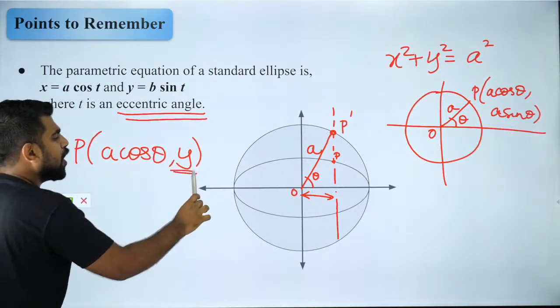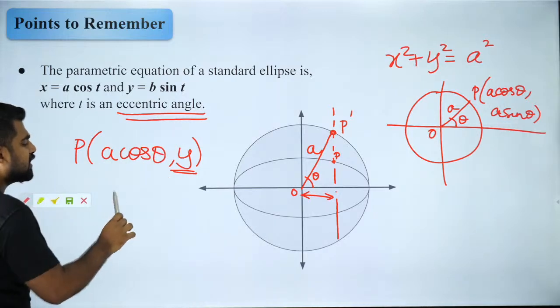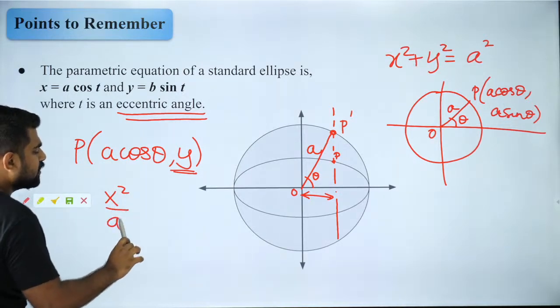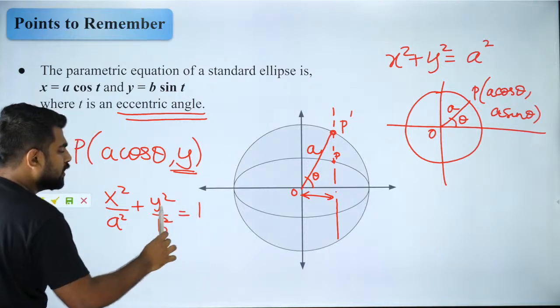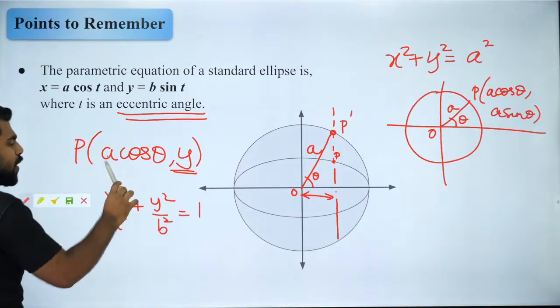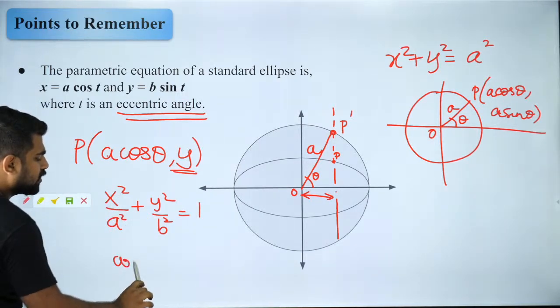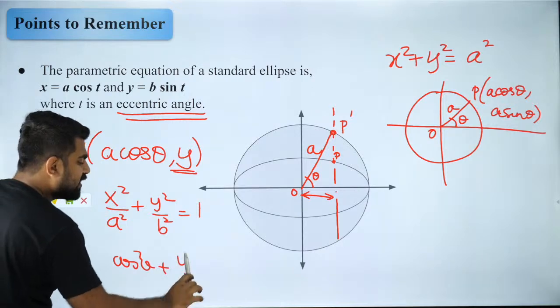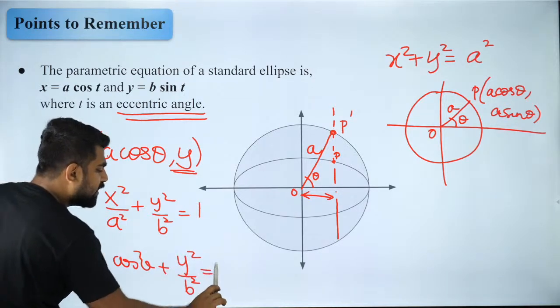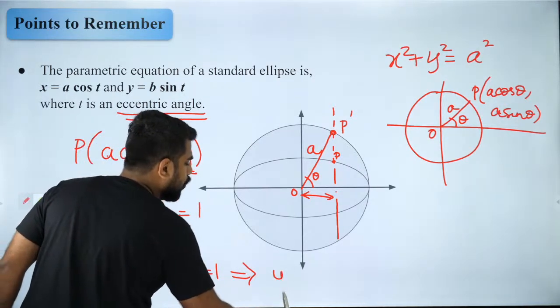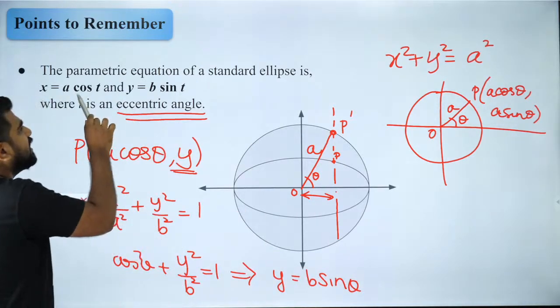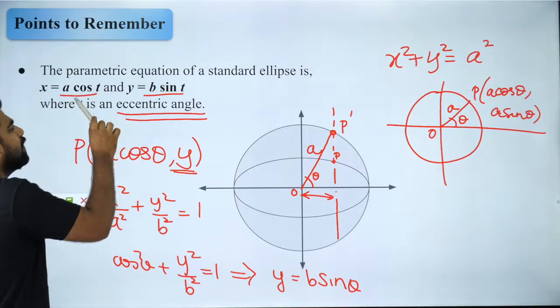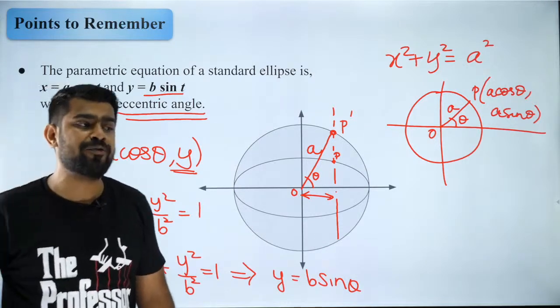But what is the y-coordinate? I don't know. So I will substitute in this equation, x square by a square plus y square by b square equal to 1. So I will get x square by a square as cos square theta plus y square by b square equal to 1. So this will imply y is nothing but b sin theta. So a cos theta comma b sin theta will be the parametric point of an ellipse.